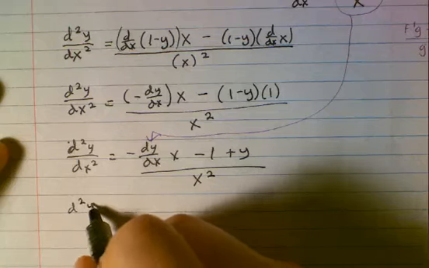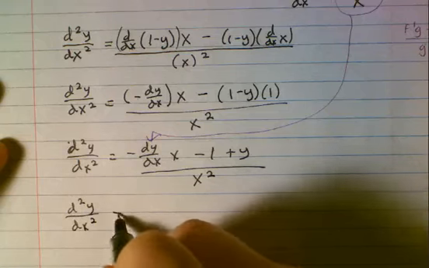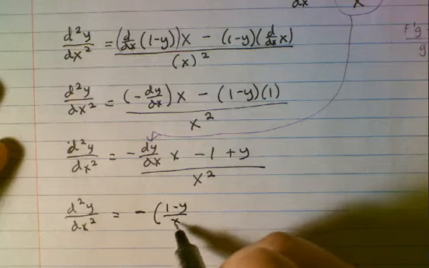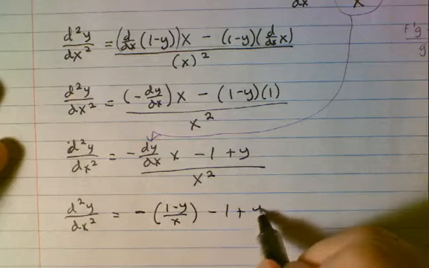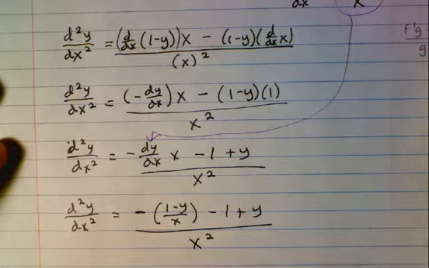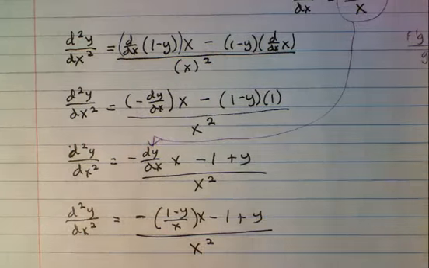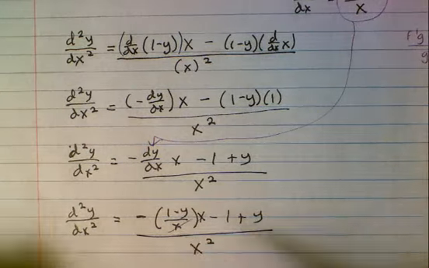Second derivative of y with respect to x, we've got negative (1 minus y) over x times x, minus 1 plus y, all over x squared. Oops, forgot my x. Should be another x right there, because these x's are about to cancel out.